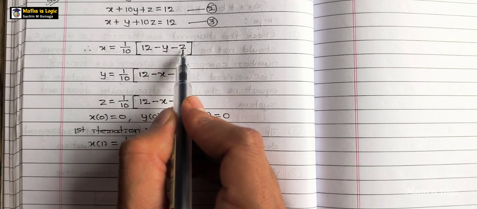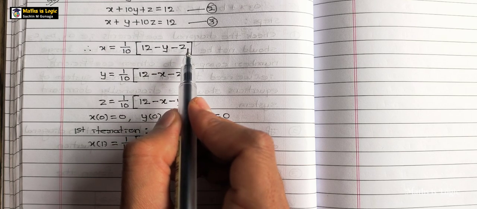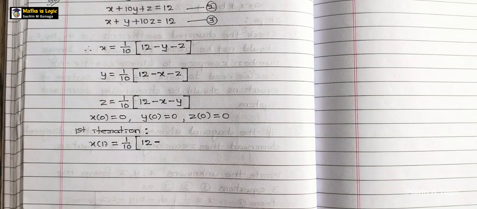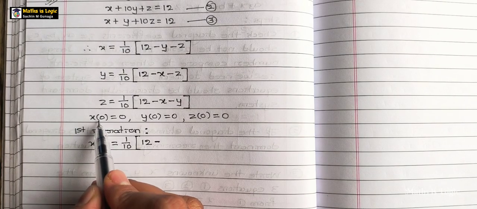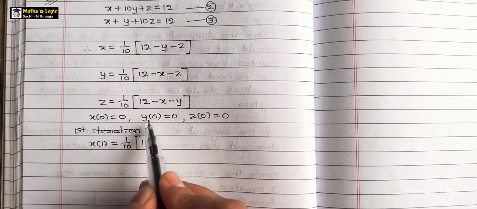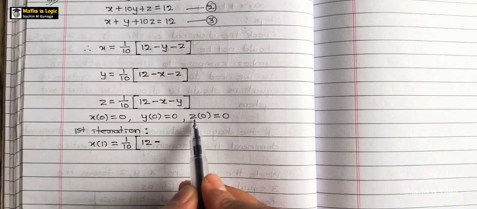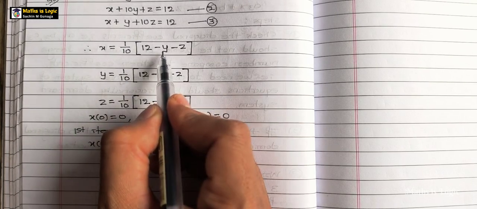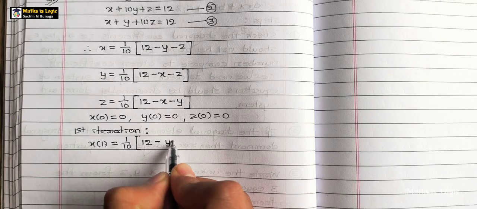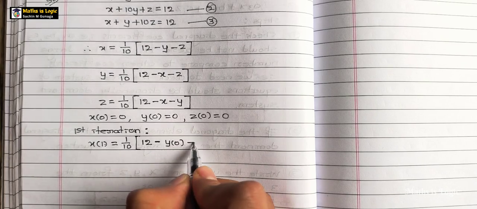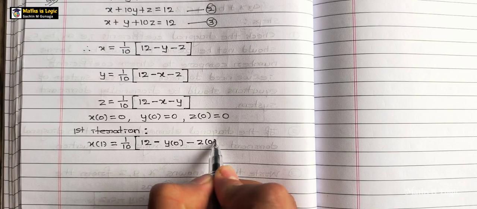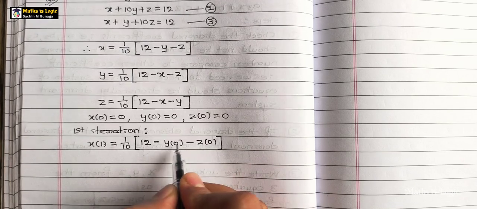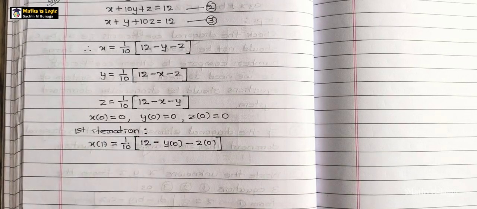Don't write y and z here, we need to write the previously considered values of x, y, z. What is the previous value? We already considered x0, y0, z0. Therefore instead of writing y, write y0, minus, instead of writing z, write z0. These two are previously considered values.